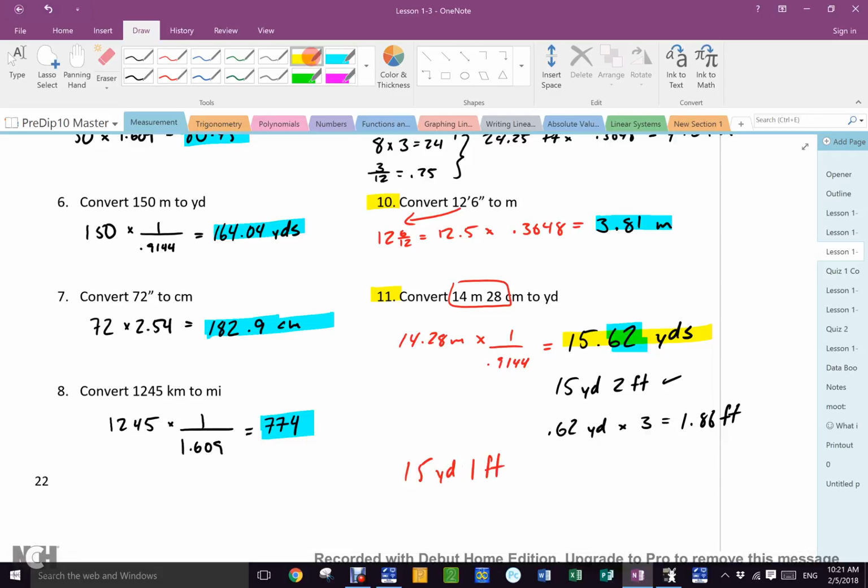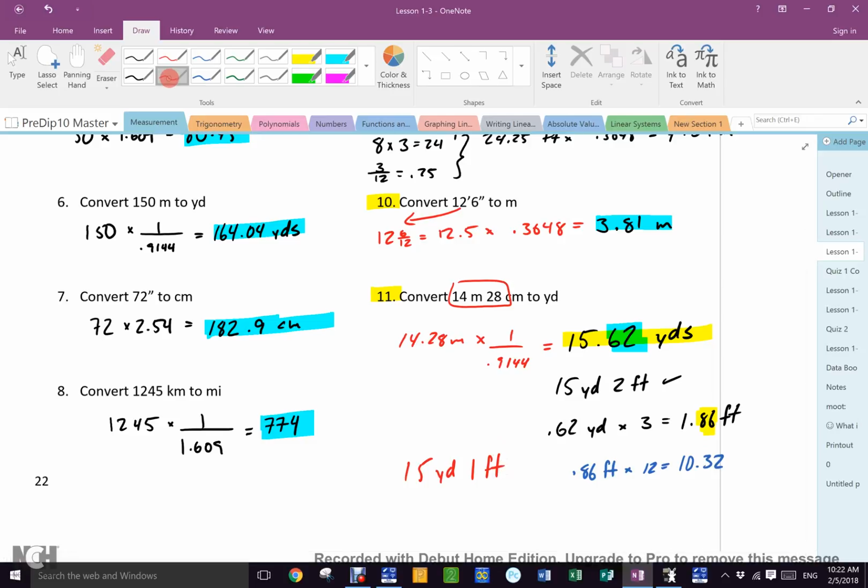So technically, I've got 15 yards, 1 foot. What could I technically do with that to make it the best possible answer I could get? I could convert that to inches. So I would have 0.86 feet, and I would convert that to inches, right? So it's 12 inches per foot, yes? So it's times 12. What's that? 10.32.